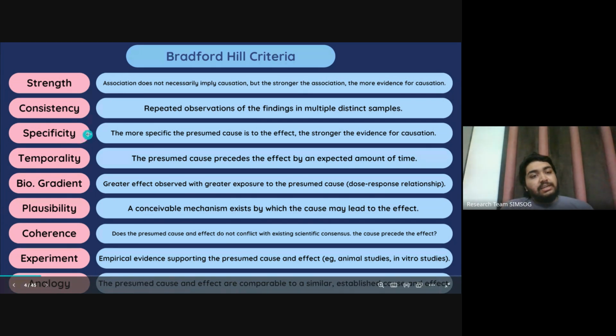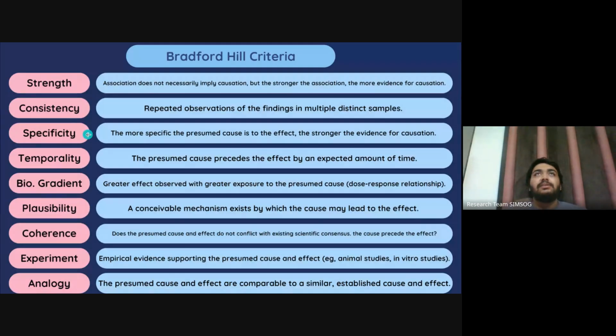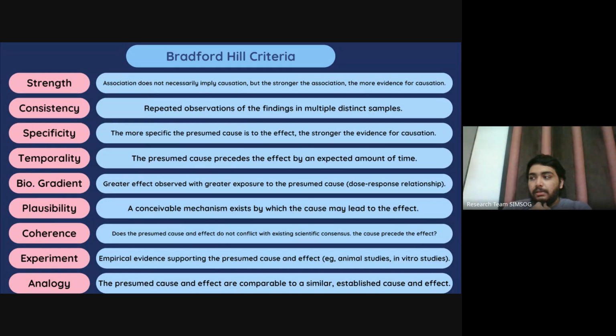But when it comes to specificity, for another example, let me think of an example, maybe elevated troponin is related to myocardial infarction.